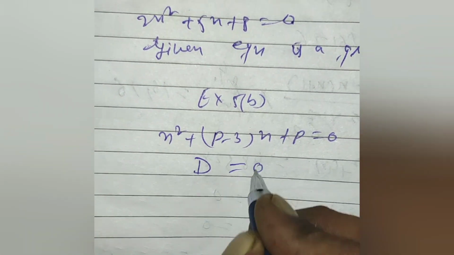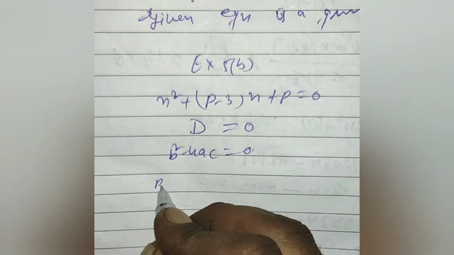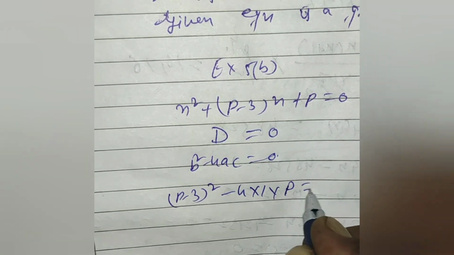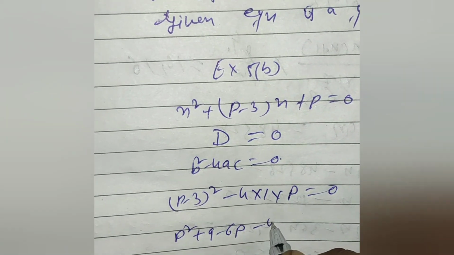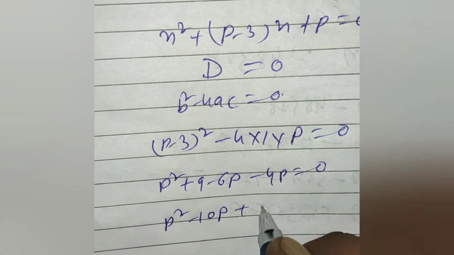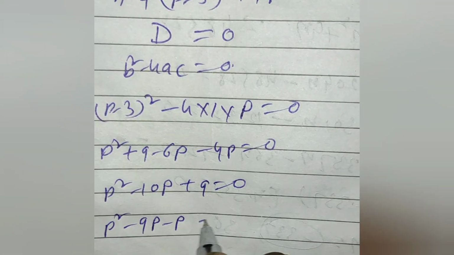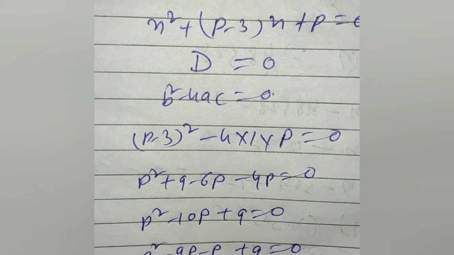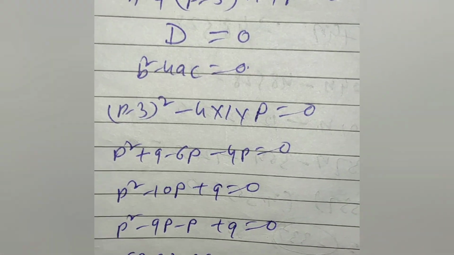That means discriminant is equal to 0. b square minus 4ac is equal to 0. p minus 3 whole square minus 4 into a into c is equal to 0. p square plus 9 minus 6p minus 4p is equal to 0. p square minus 10p plus 9 is equal to 0. p square minus 9p minus p plus 9 is equal to 0. p minus 9 and p minus 1 is equal to 0, so p will be equal to 9 or 1.